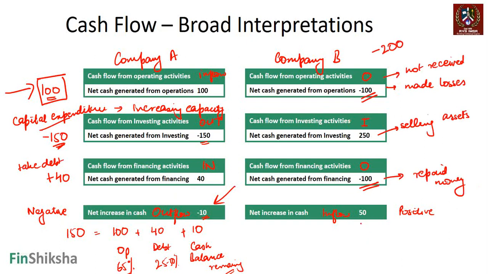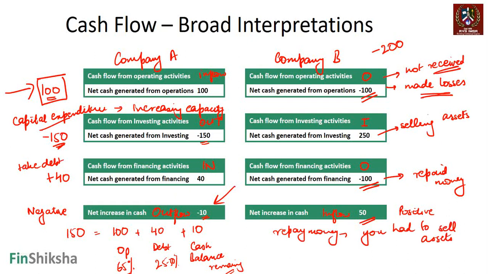So at the end of the day, it shows like 250, but what's happened is you wanted to repay money, and to repay money, you had to sell assets because operationally you were either not making money or not receiving money, correct?